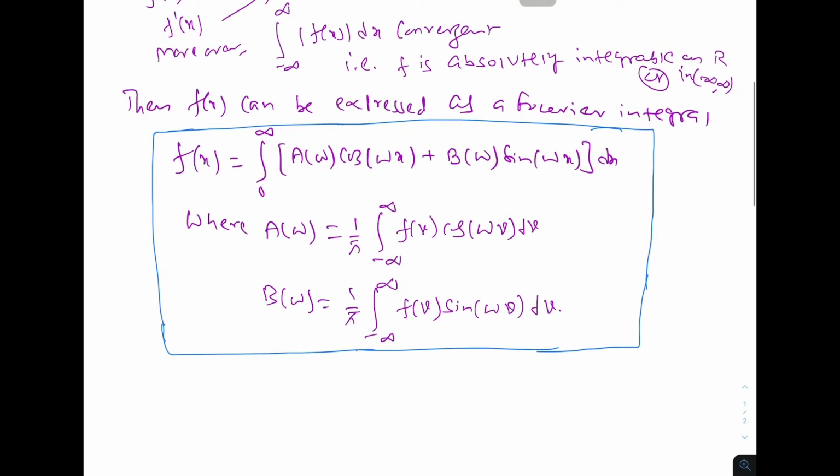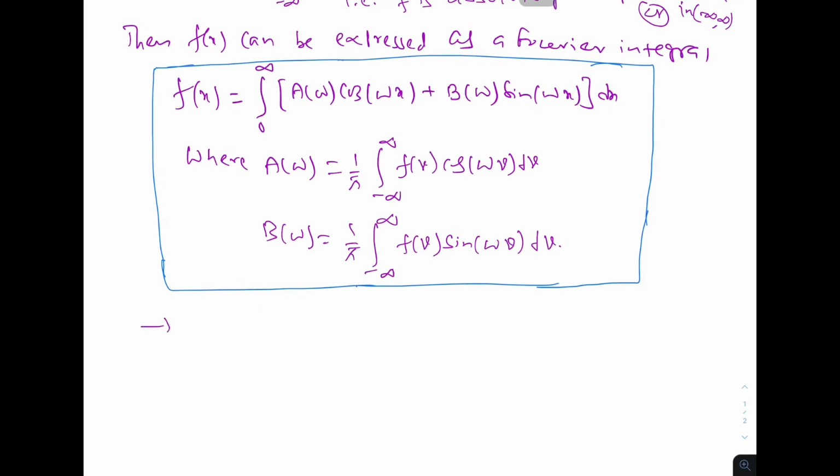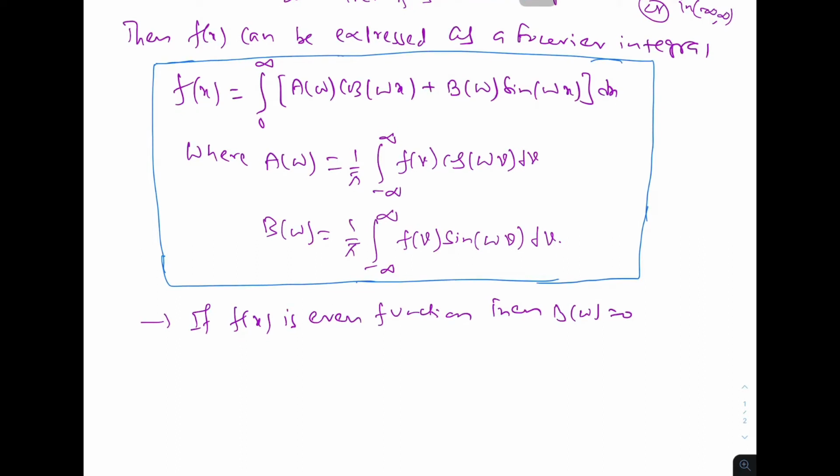Now if f is an even function, then B(omega) becomes 0, because f even times sine is odd, so that B(omega) is 0, and f even times cosine is even.